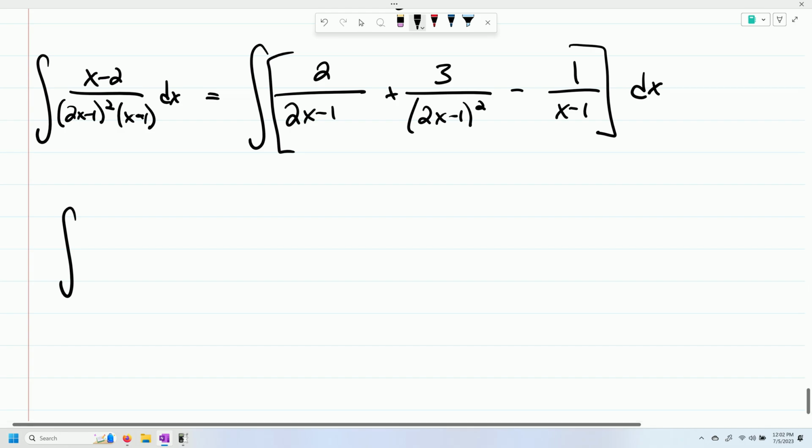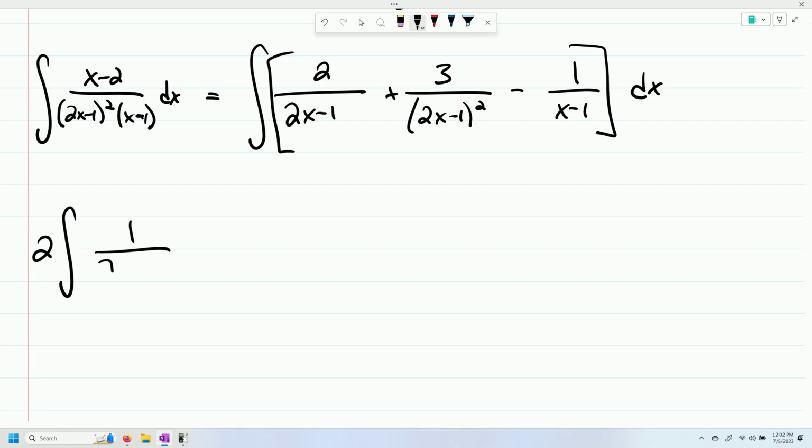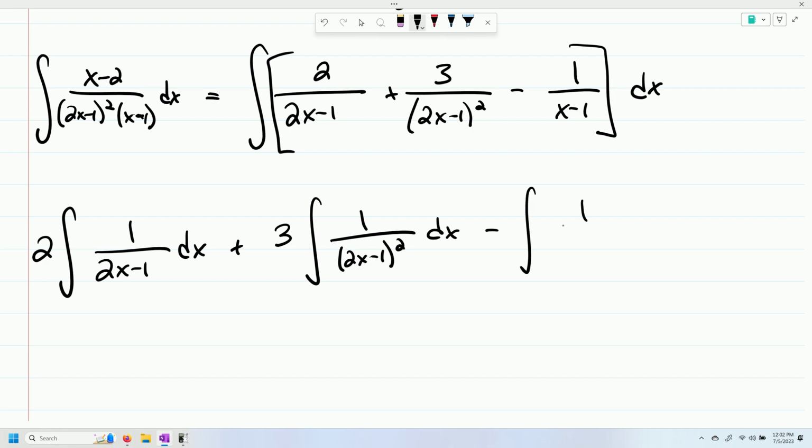Integral, we're going to pull the 2 out front of 1 over 2x minus 1 dx. Plus, we're going to pull the 3 out front, 3 times the integral of 1 over 2x minus 1 to the second dx, minus the integral of 1 over x minus 1 dx.